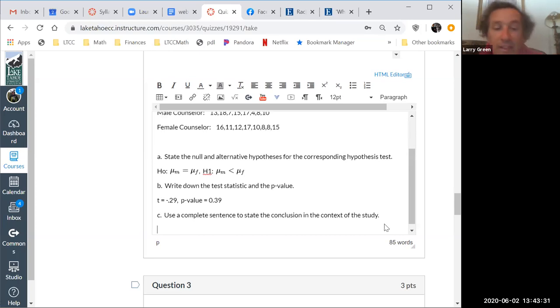All right. The first 3 words are going to be the same. We want to use a complete sentence, state the conclusion. There is statistically. And now, is it significant or is it insignificant?